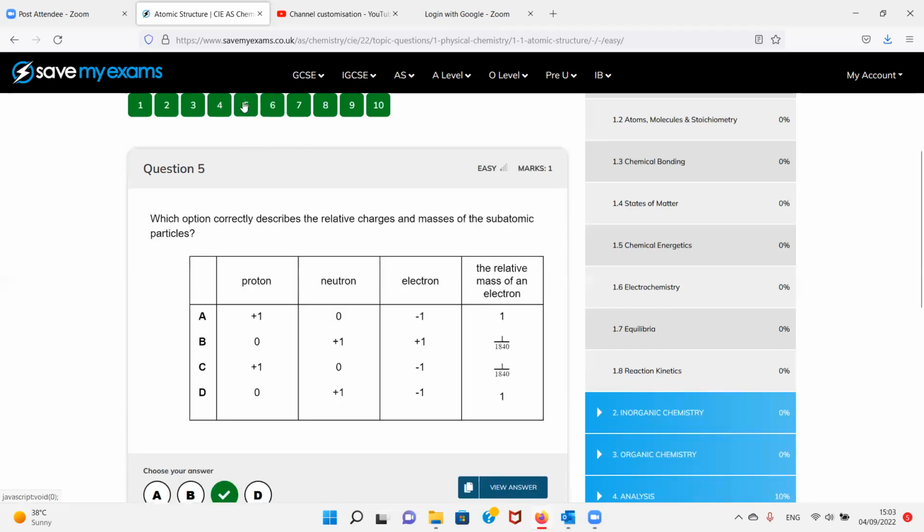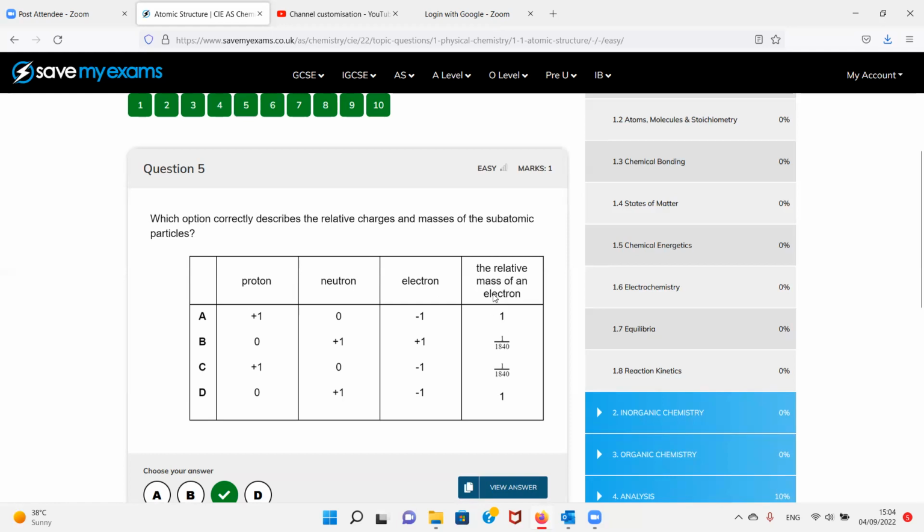Okay. So the next question here is, which option correctly describes the relative charge and mass of subatomic particles? So a proton is +1, neutron is 0, electron is -1, that's correct. But the relative mass of the proton is not 1, it's 1/1840.